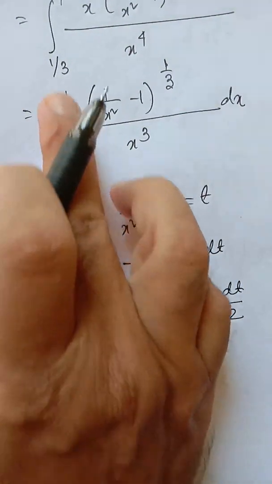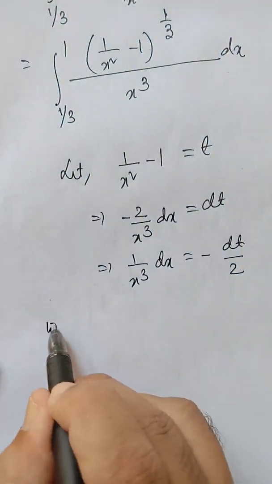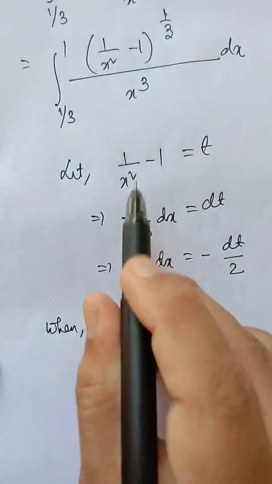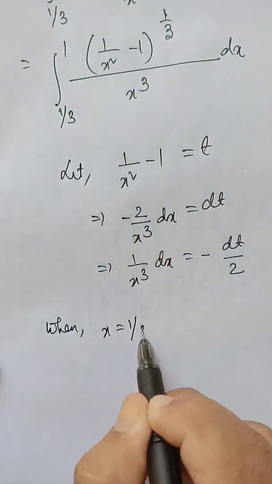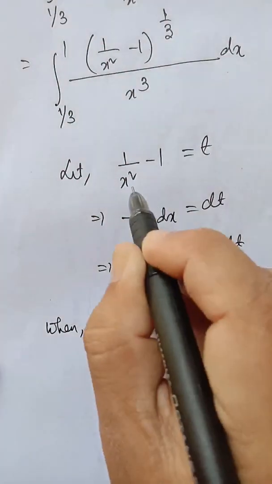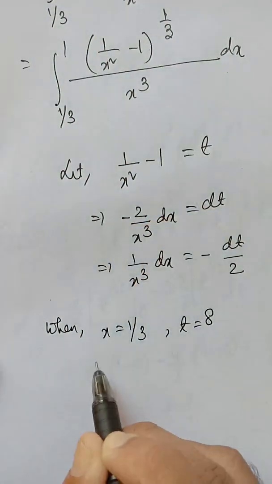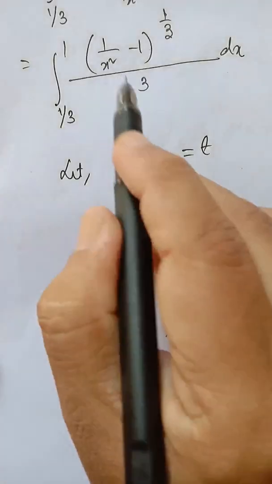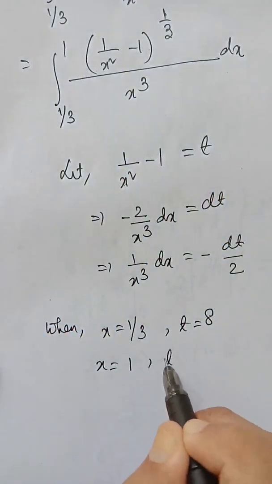Next we have to change the limit also. So when x equal to 1 by 3, t equal to 9 minus 1, that is 8, and when x equal to 1, t will be 0.